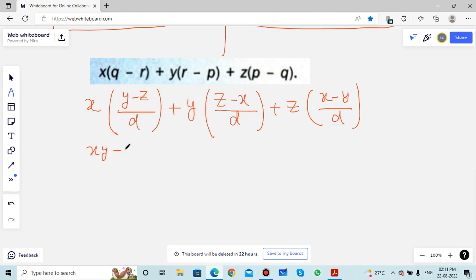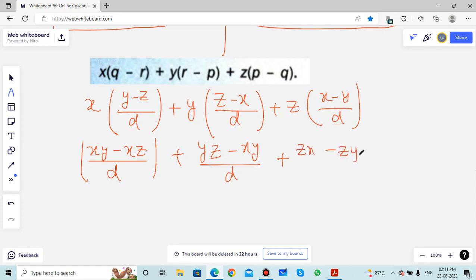Okay. Minus xz upon d plus yz minus xy upon d plus zx minus zy upon d.